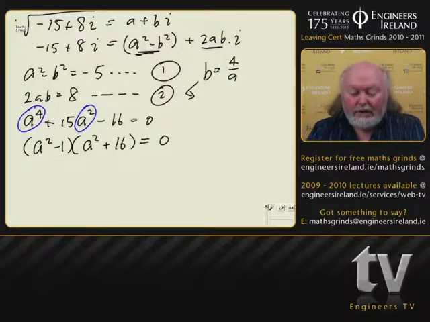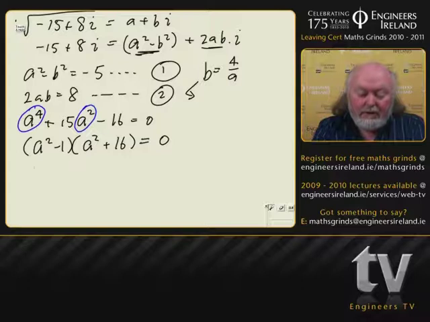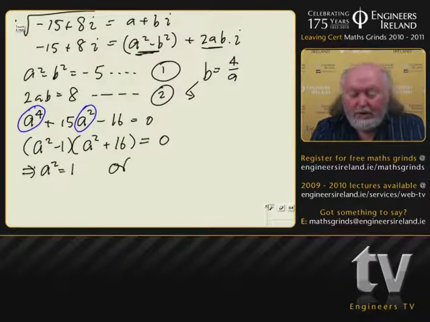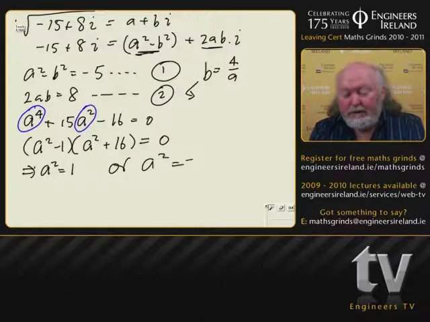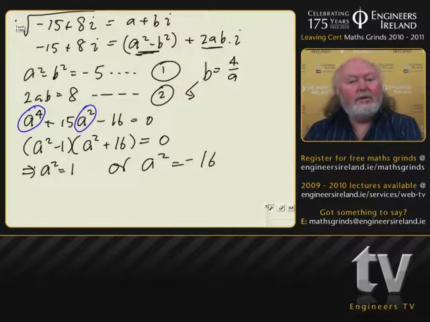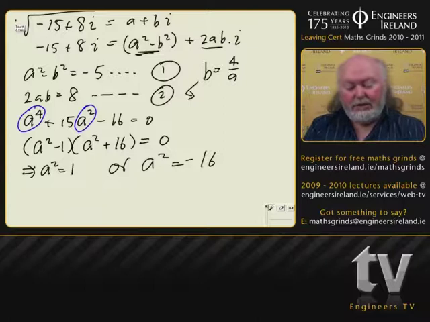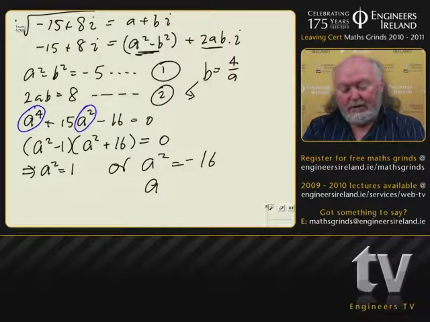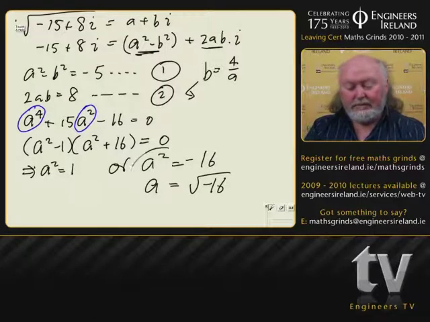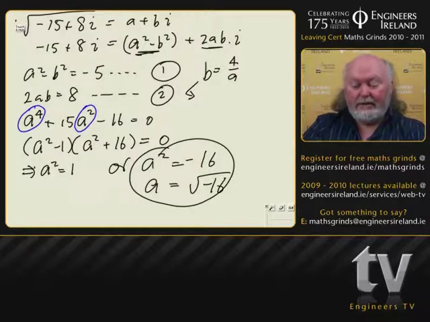And this is the whole issue here. Watch what happens. That implies a squared equals 1, or a squared equals minus 16. You would think, great, lovely, they're nice looking numbers. But now what would happen when you get a equals the square root of minus 16 over here? And that's not valid.